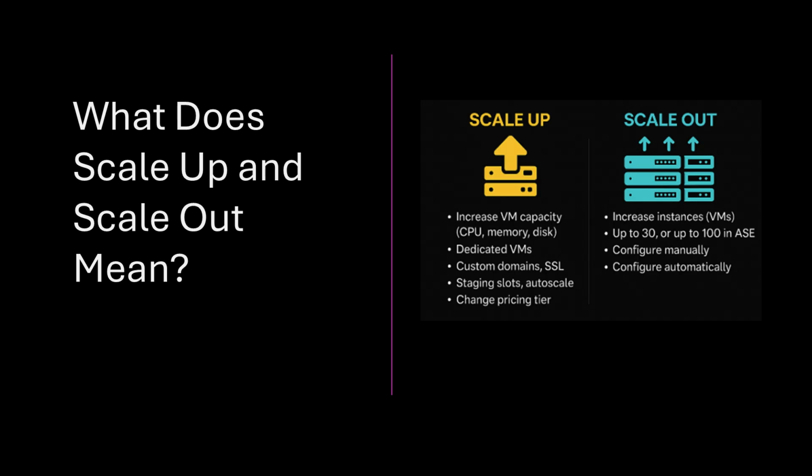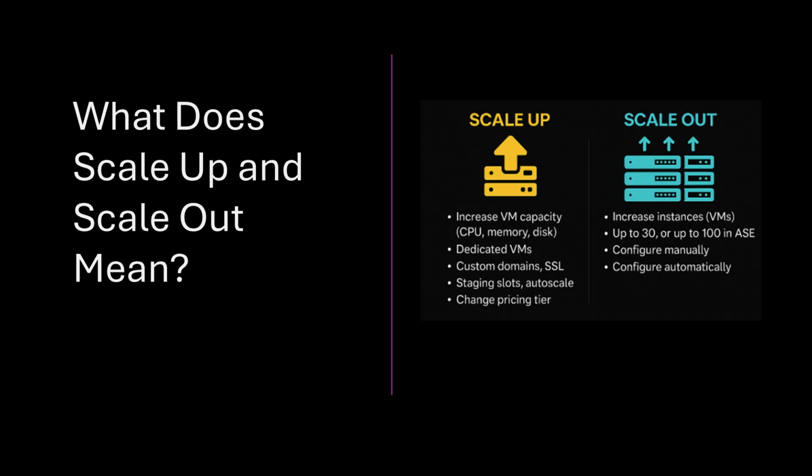If you're using an App Service Environment with the isolated tier, you can scale out even further, up to 100 instances. You can scale out manually by setting the number of instances yourself, or automatically using autoscale based on rules like CPU usage or time of day. Use this when your app is handling more traffic and needs horizontal scaling.